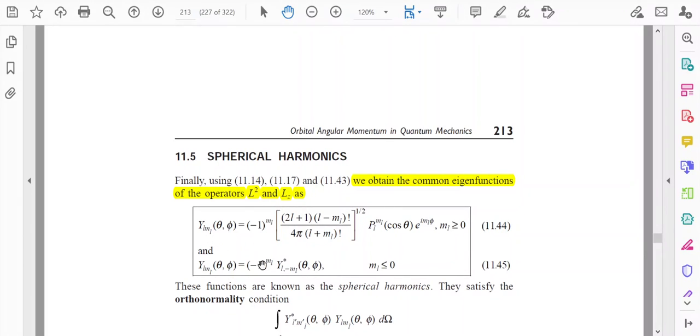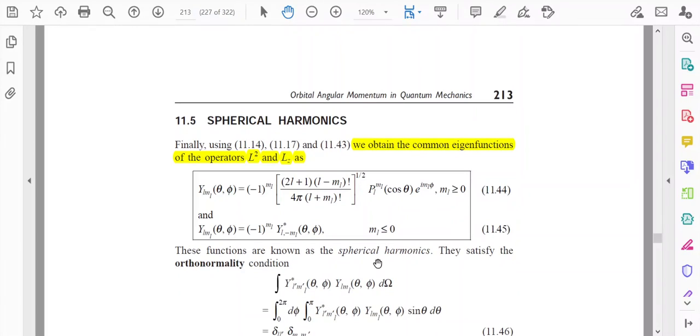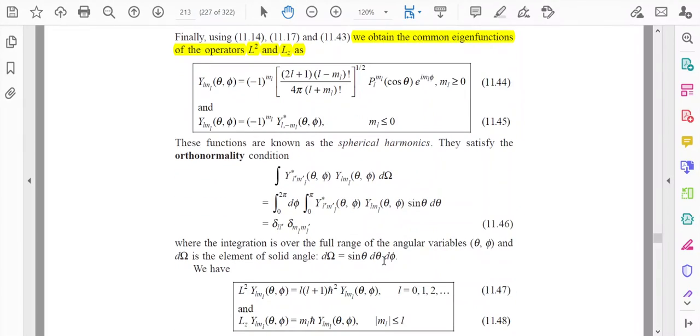The common eigenfunctions Y lm theta phi are also known as the spherical harmonics.